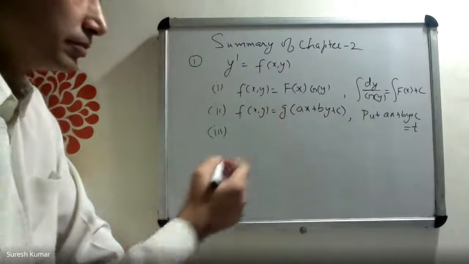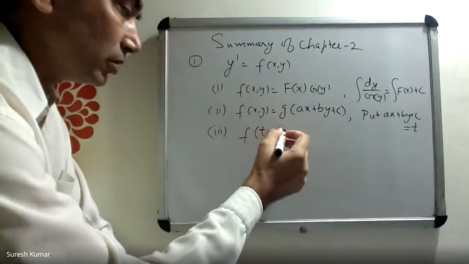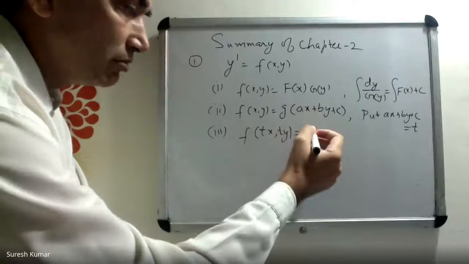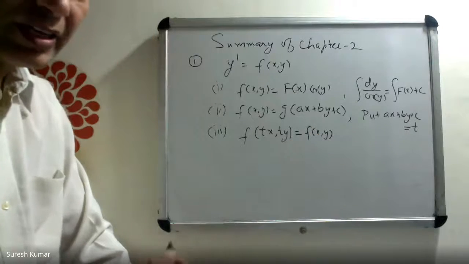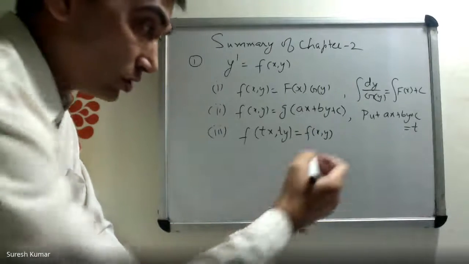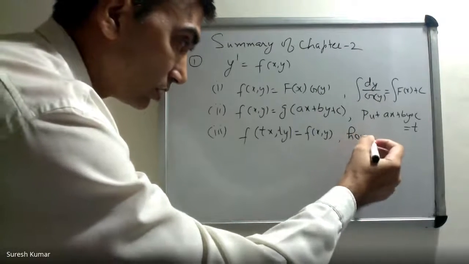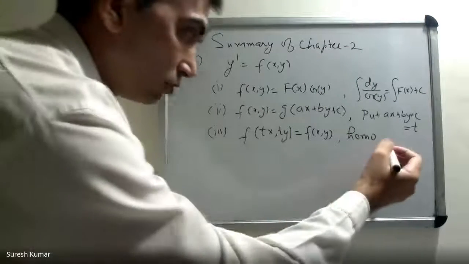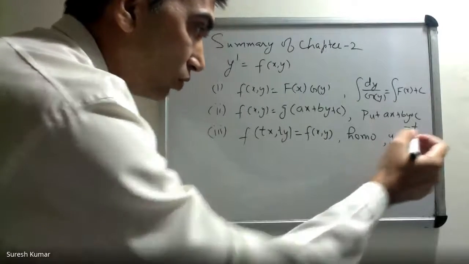Third case, if f(x,y) satisfies this condition, f(tx, ty) equal to f(x,y), in this case the differential equation is homogeneous. And which substitution works? In this case, y equal to vx.